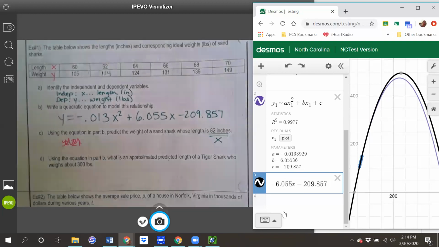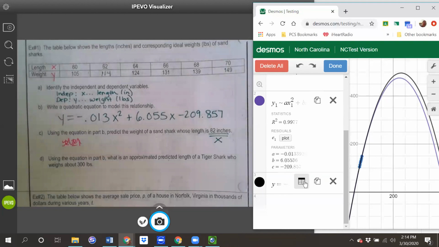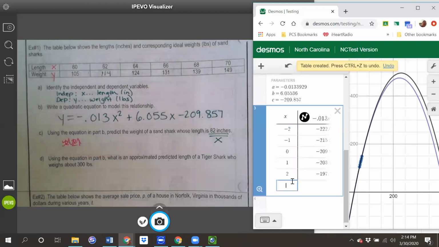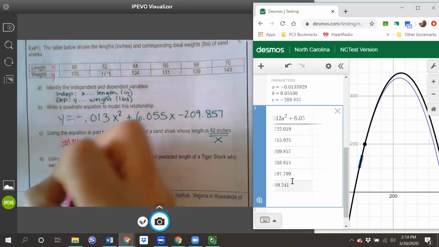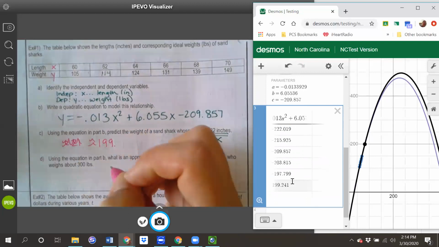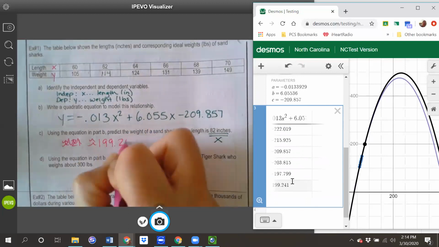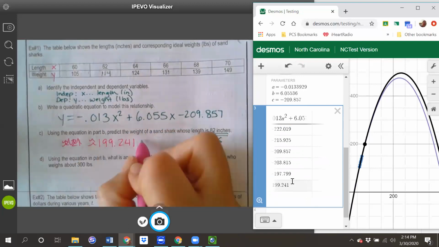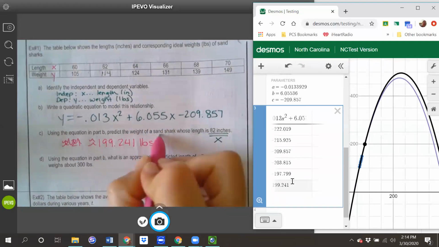Okay, so it is wrong on my PDF note sheet. That's okay. Let me go back to my table of values, and make sure I have an x value of 82, which means I have approximately 199.241, and these are pounds.